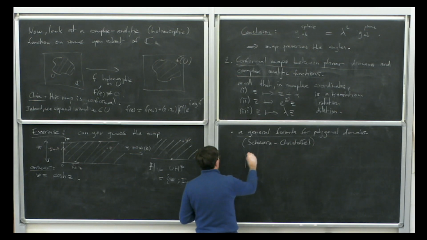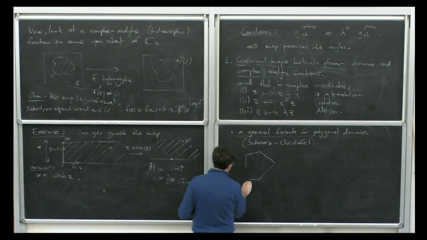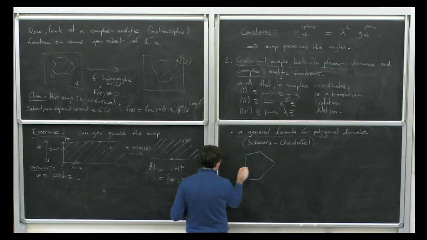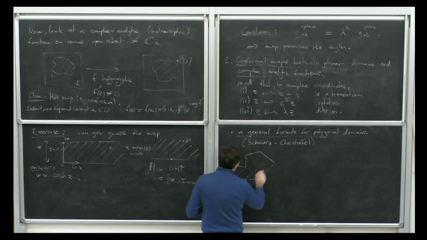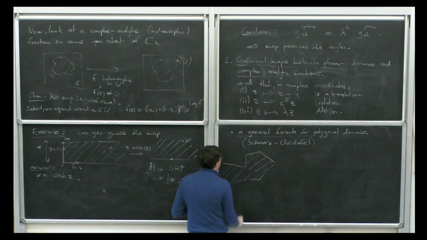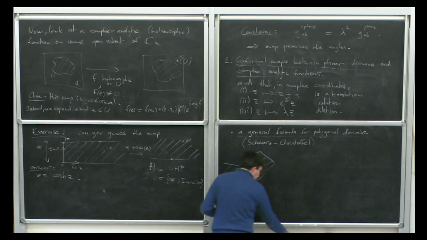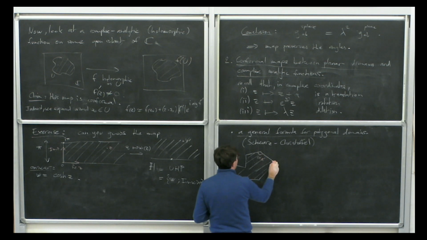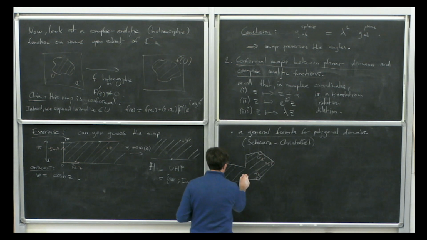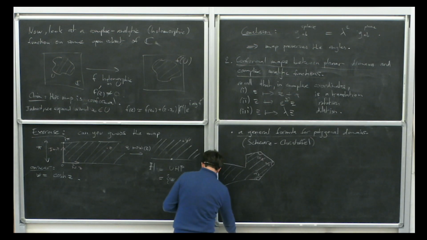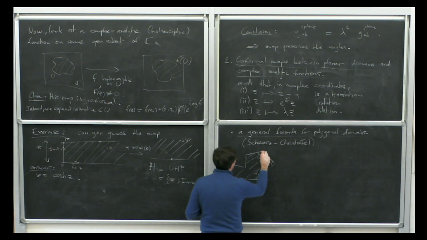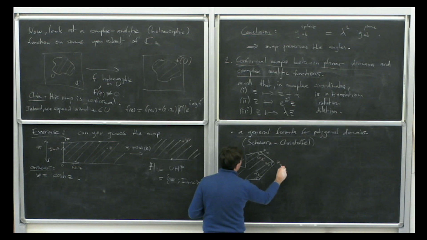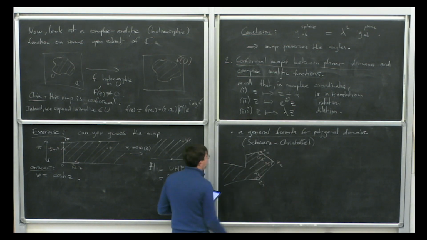If you have some polygonal domain, it can go to infinity, so it can have some pieces that go to infinity. Some polygonal domain like this with internal angles alpha 1, alpha 2, alpha 3, and so on, so some internal angles alpha j, and these are points z1, z2, z3, and so on in the plane.